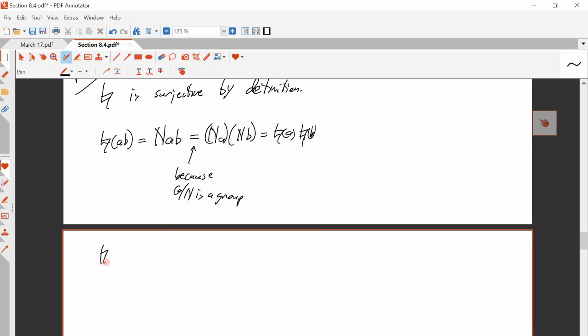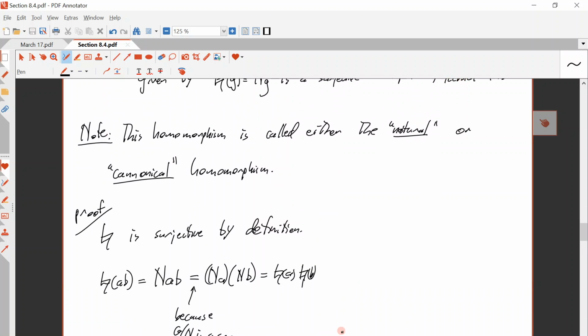All right. Because the coset Ng is equal to N if and only if g is an element of N, right? So that's it. Right, it's the natural homomorphism, and the proof is very natural as well.